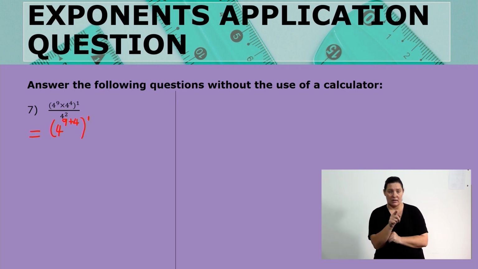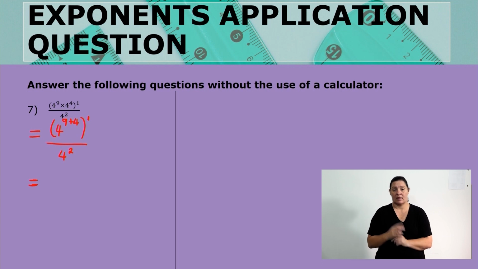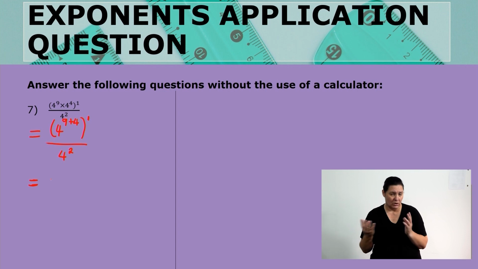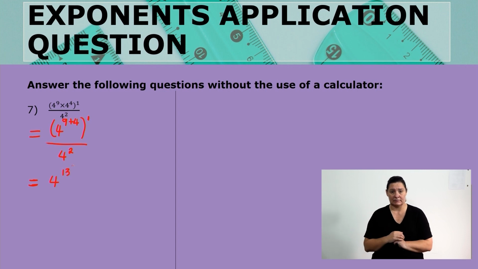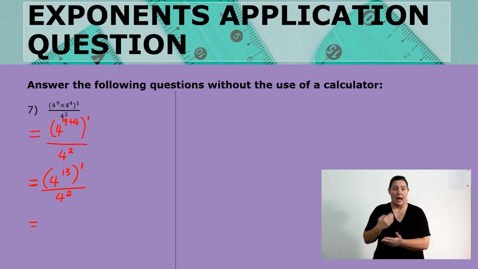And remember, this is raised to the exponent 1. We are going to divide this by 4 squared. Then I have 4, what is 9 plus 4? That will give us 13 raised to the exponent 1 divided by 4 squared. When we apply our exponent laws, when a power is raised to an exponent, we are going to multiply the 13 and the 1.